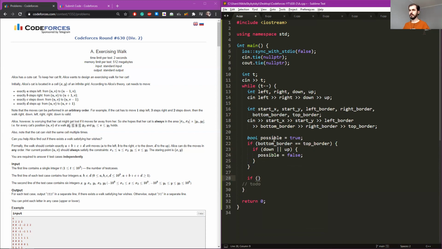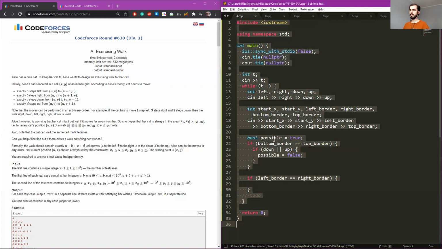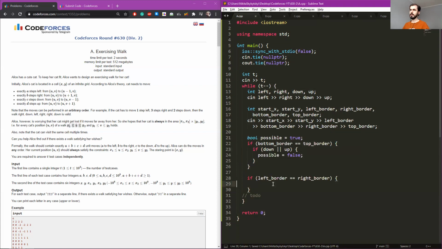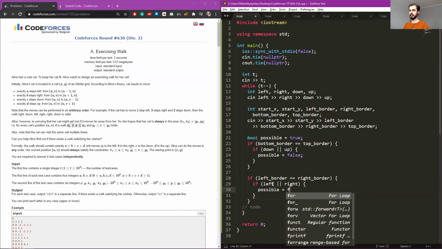That's one if. If the left border equals the right border, a similar thing holds: if it has to go to the left or to the right, it's not possible.